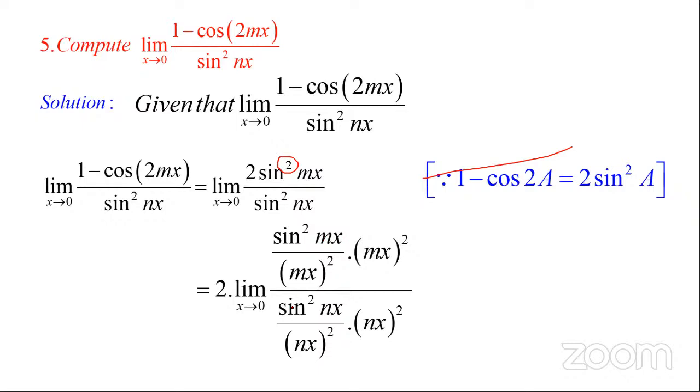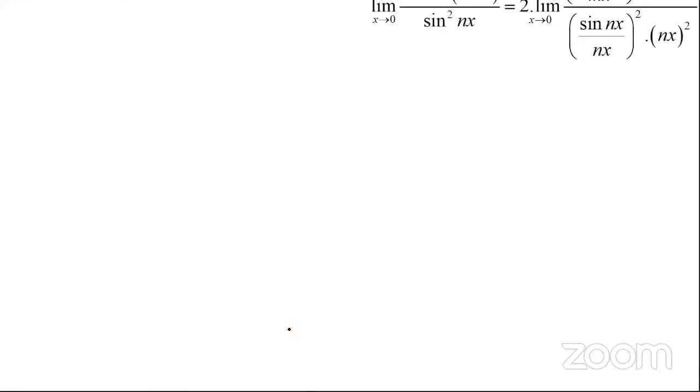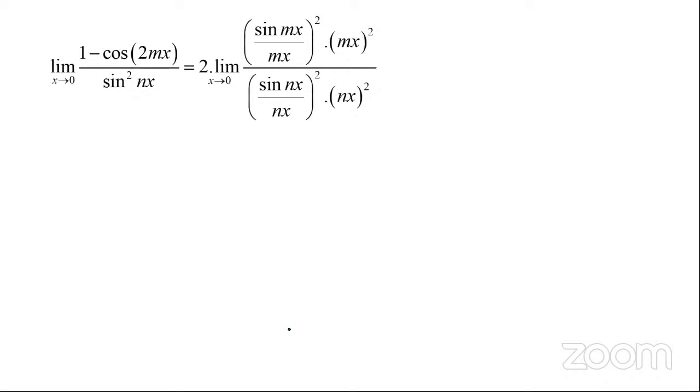Similarly in the denominator also. So this is the value: 2 into limit x tends to 0, sin mx by mx whole square into mx whole square, by sin nx by nx whole square into nx whole square.